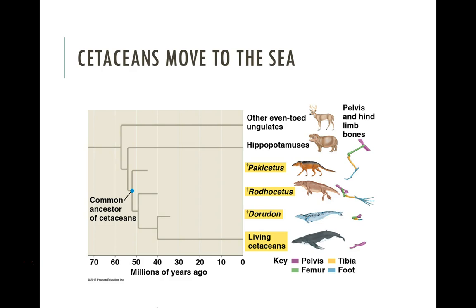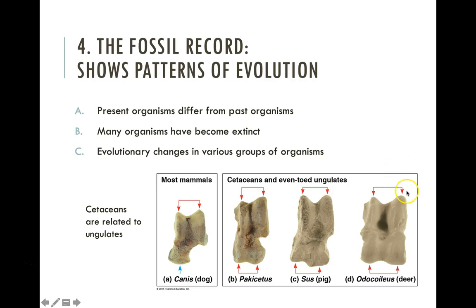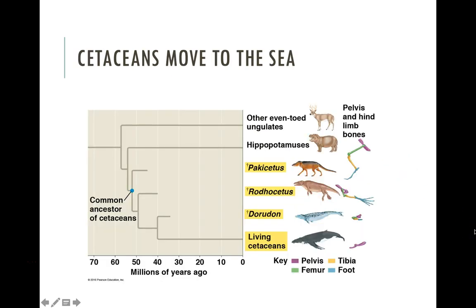So here is a phylogenetic tree, which is just a diagram showing the relationship between organisms. Up here we've got the deer, we've got the hippopotamus. These are even-toed ungulates, so they have this bone structure here. And then this is Pakicetus. This is an extinct organism that they're using for comparison.